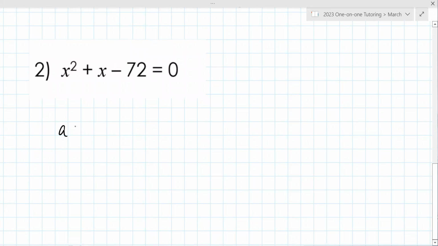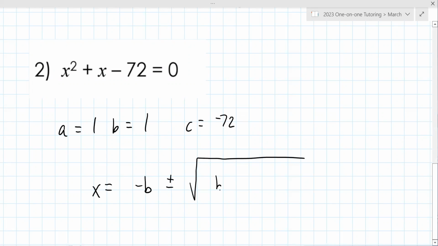We got to identify A, B, and C. Can you tell me those values, please? 1, 1, negative 74, 72. Perfect. So again, the formula: minus B plus or minus the square root of B squared minus 4AC all over 2A.